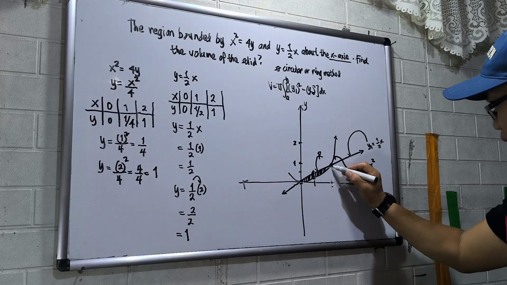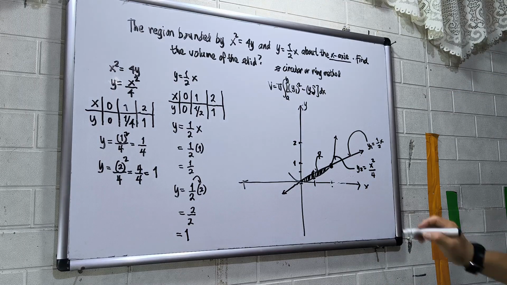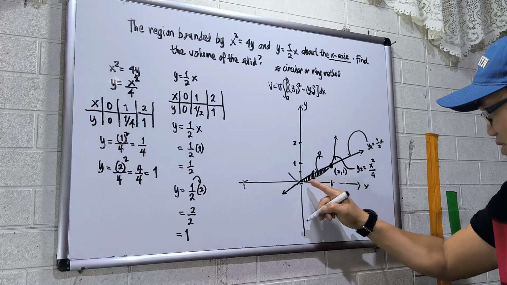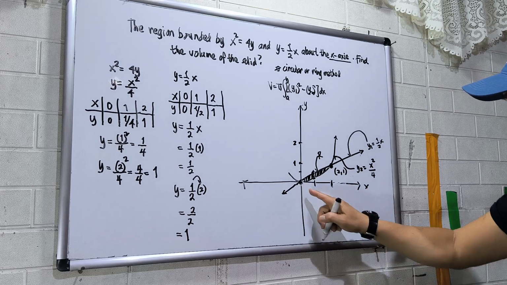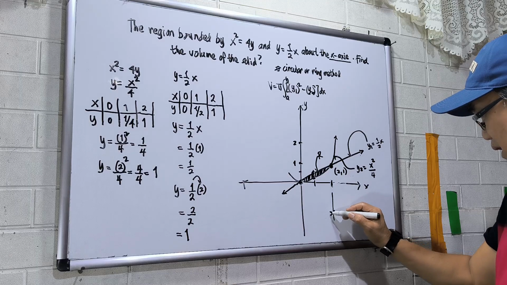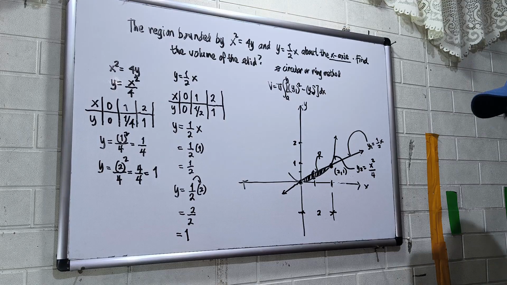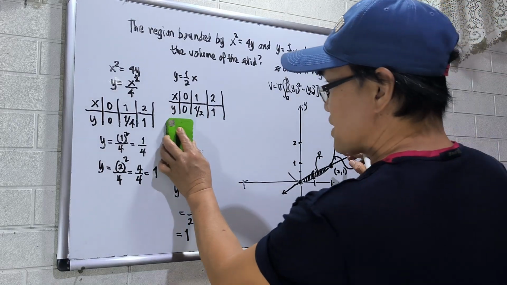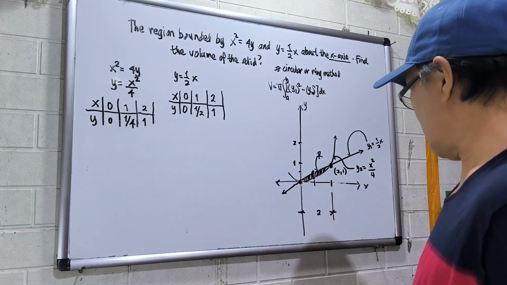So the point of intersection is at 0, 0 and 2, 1. Since this is x, starting from 0, I can do this one as from 0 to 2. Okay, I will erase this portion. Then I will have my solution.